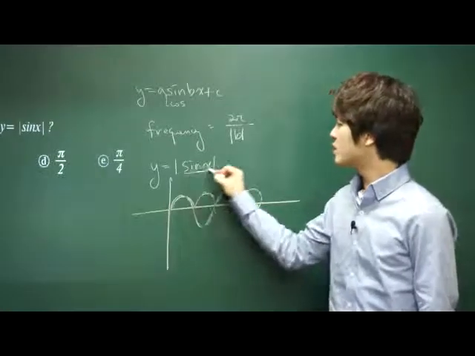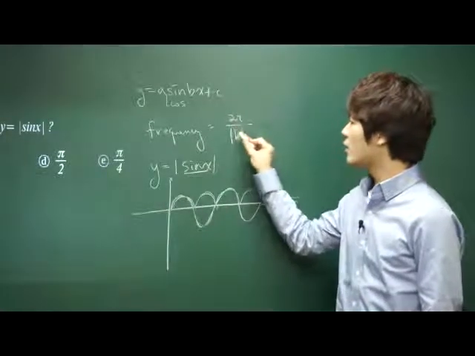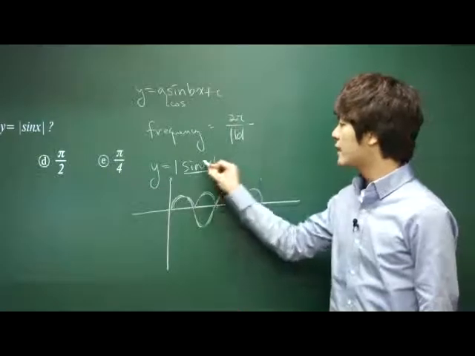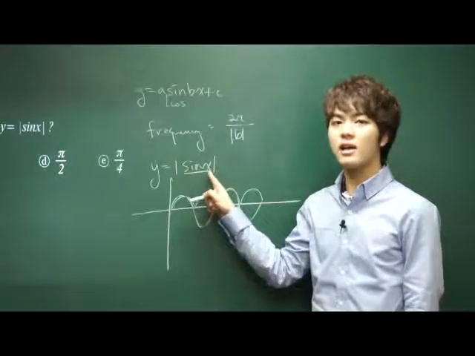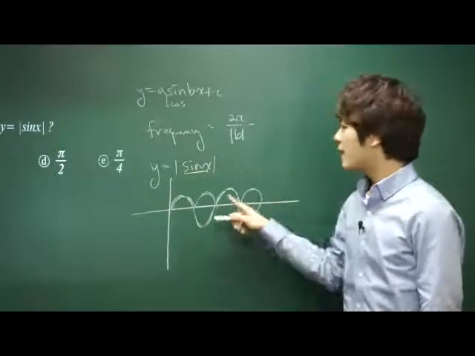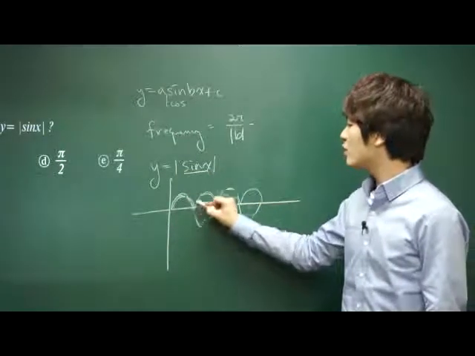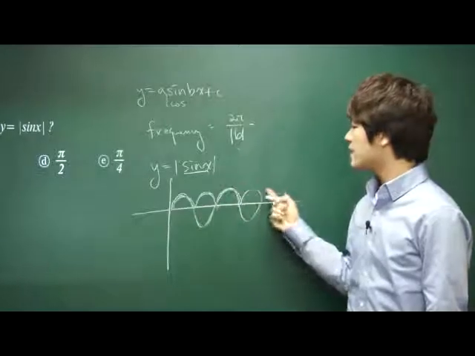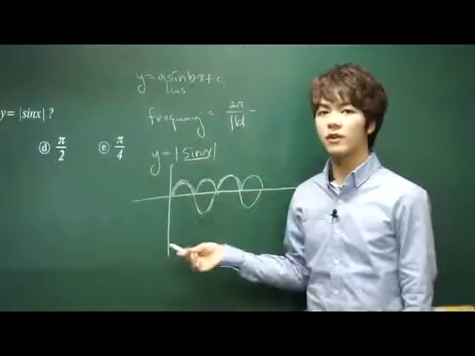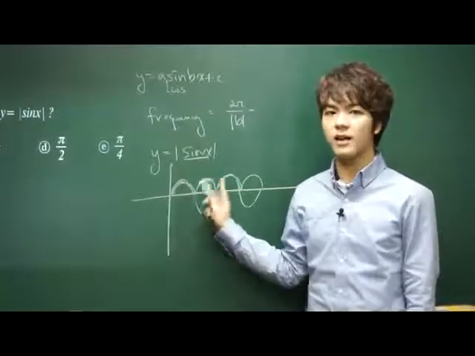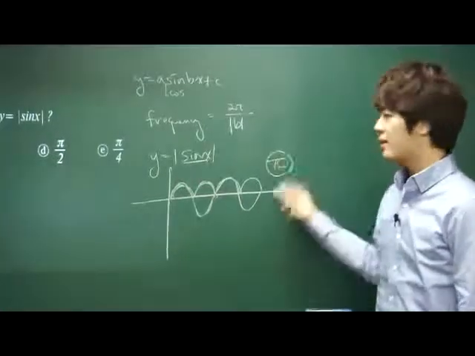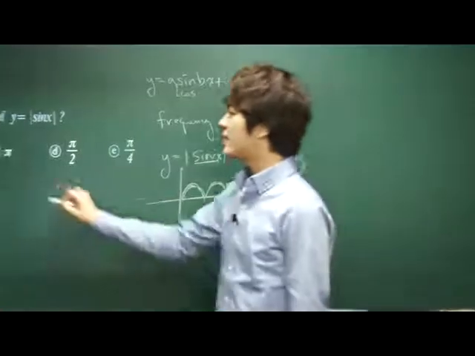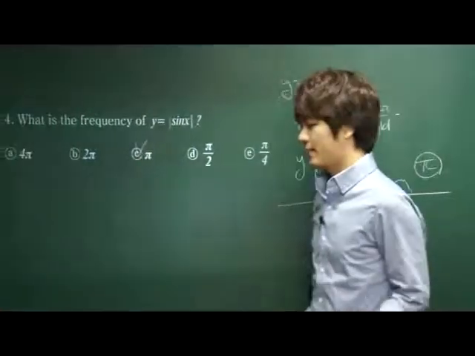For sine x, we know that it is 2 pi over the value of b, which in this case is 1. So the frequency of sine x was 2 pi. But as we can see, for the absolute value of sine, the frequency has decreased by half. Therefore, the frequency for the absolute value of sine function should be pi. So the answer should be C, pi.